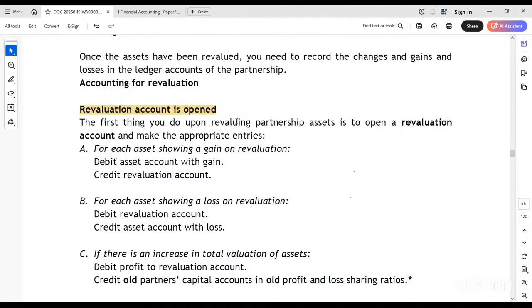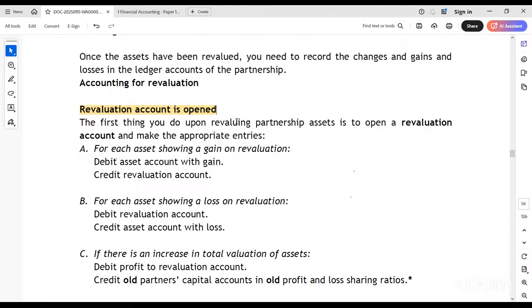So whenever you see that assets have been revalued, the first thing you do is to open up a revaluation account and make the appropriate entries. The values of assets may go up or may go down depending on your revaluation results.